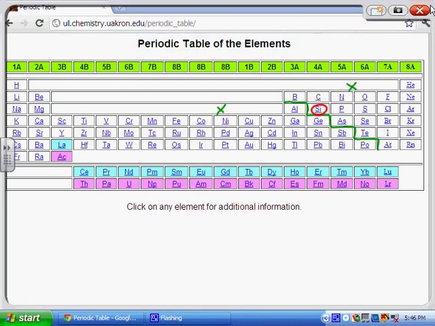It doesn't conduct heat and electricity well. That's why we can use it in insulation, silicon caulk. But it is shiny. It does have luster, which is a metal characteristic, even though it's on the non-metal side. So it is actually a metalloid. So all those things that touch that stair step can show properties of the metal or non-metal, so we call them metalloids.